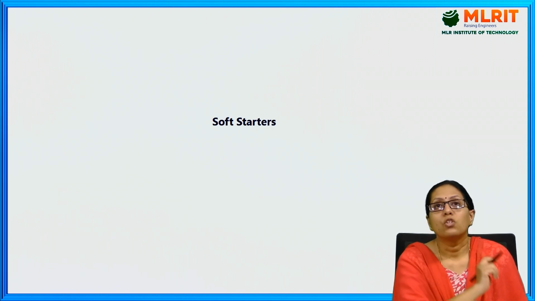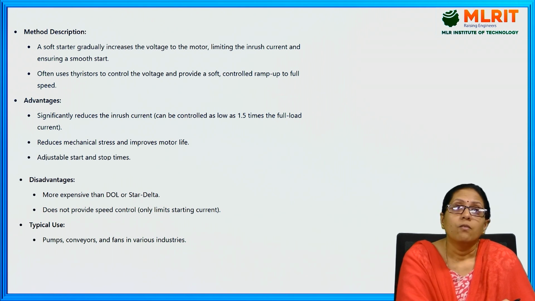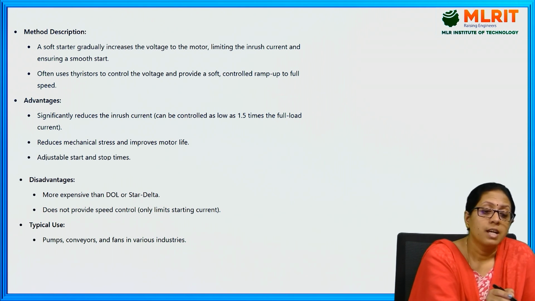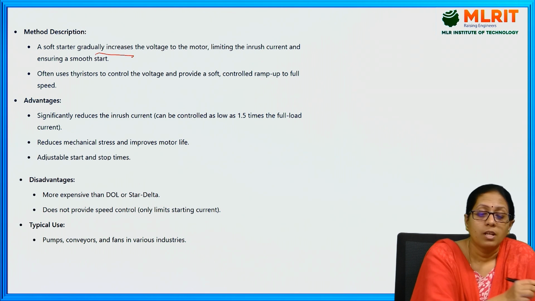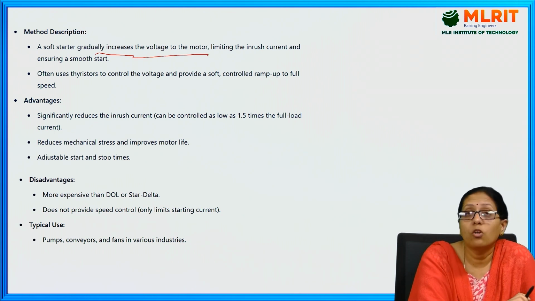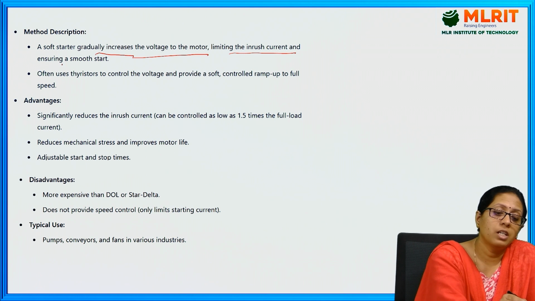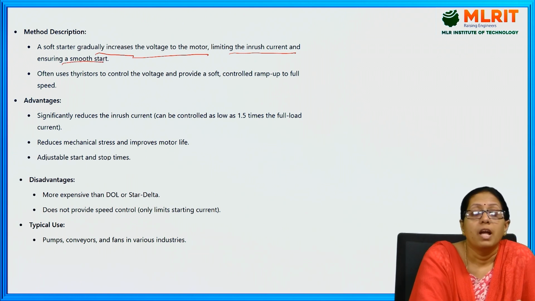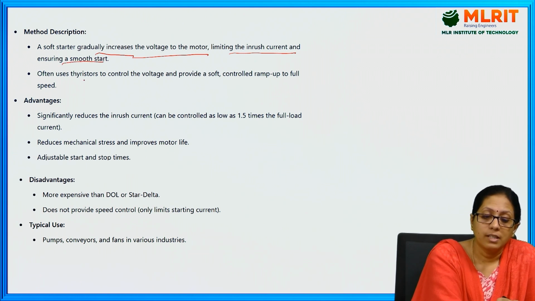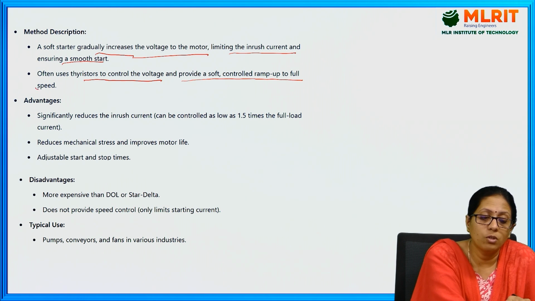Next one is soft starters. What is a soft starter? A soft starter gradually increases the voltage of the motor by limiting the inrush current and ensuring a smooth start. It often uses thyristors to control the voltage and provide a soft controlled ramp up of voltage and speed.